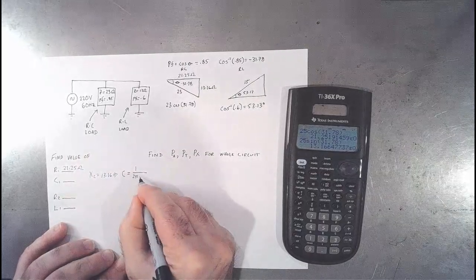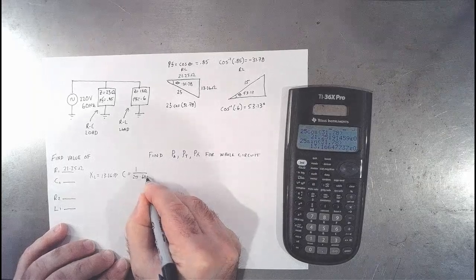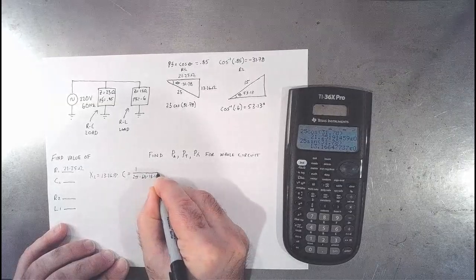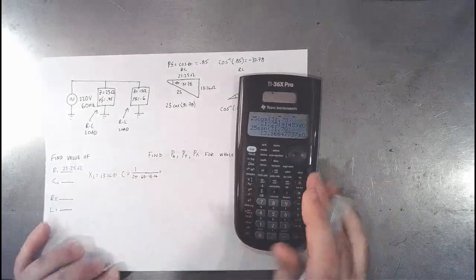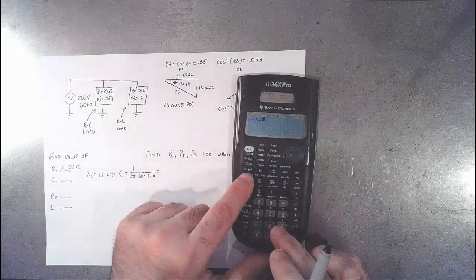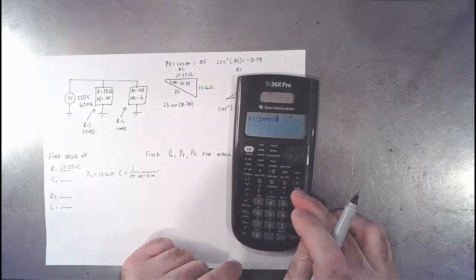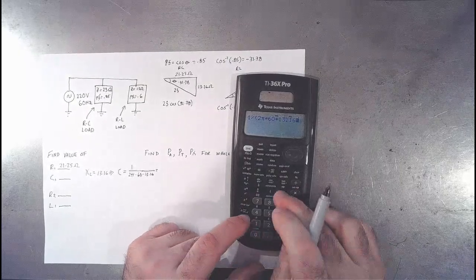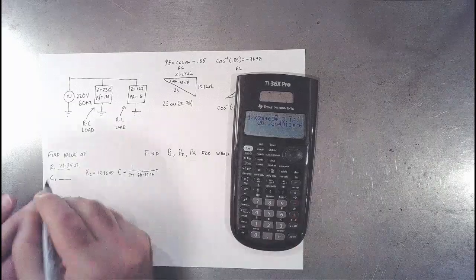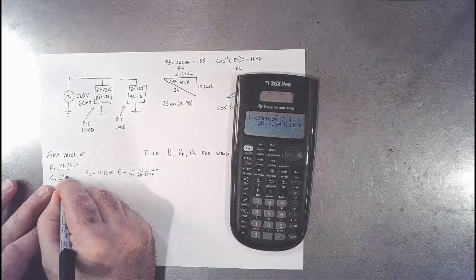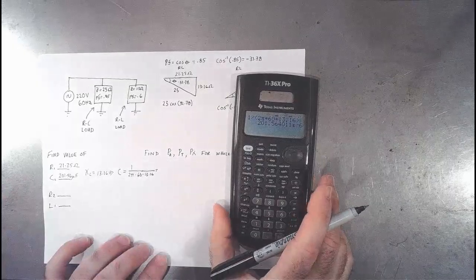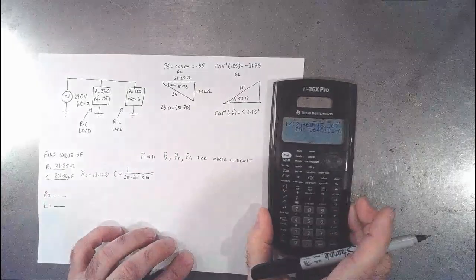It's 60 times 13.16. So let's get C. That's going to be 1 divided by 2 pi times 60 hertz times 13.16 ohms, and that is 201.56 microfarads. And that's the value of the cap in this circuit.